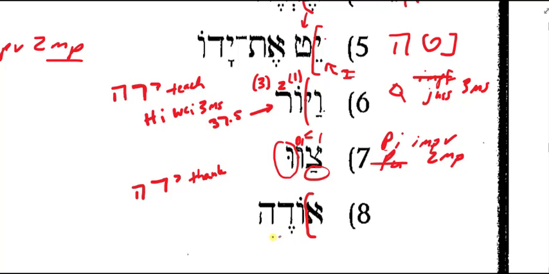Okay? So what do I have here? I have a clearly an imperfect. Here, I'll go ahead and write it down over here. I have an imperfect 1CS. Notice it's not apocopated here. So this isn't a jussive. It's not a WCI either. There's no vav in front of this. It's just a plain old imperfect.